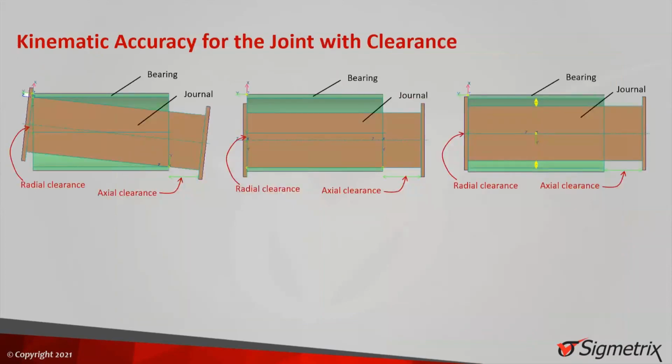Okay, let's talk about accuracy. The kinematic accuracy in CETOL can be very precisely considered. For example, a joint with clearance. There are two parts. You can see the sleeve bearing and also the journal. It is a clearance fit. So you know that there are three conditions, right? First one, contact on different sides, just like under a torque or external force.